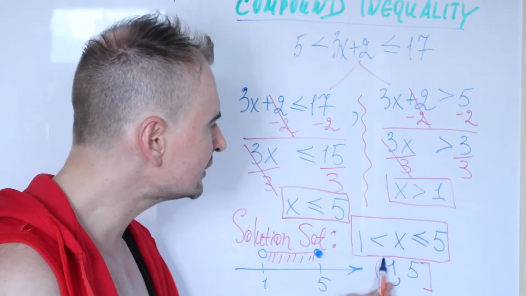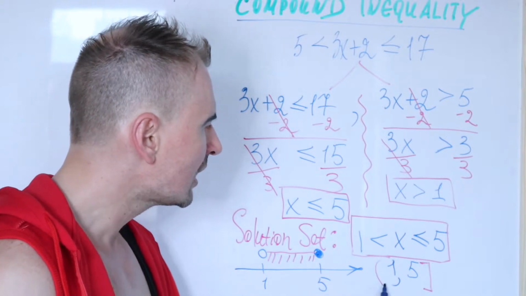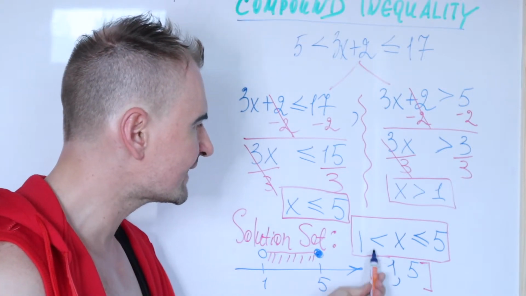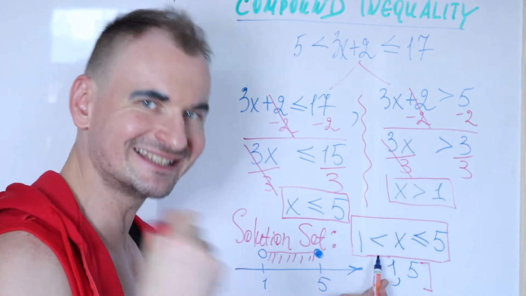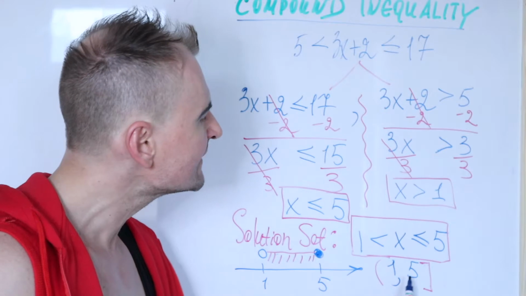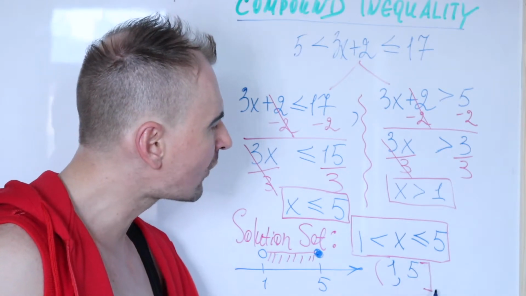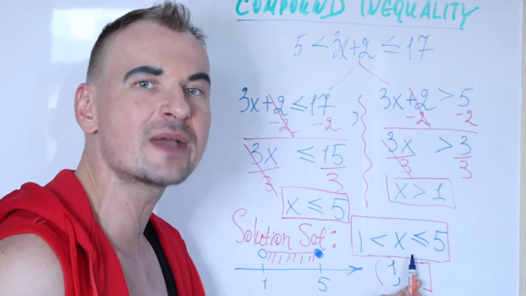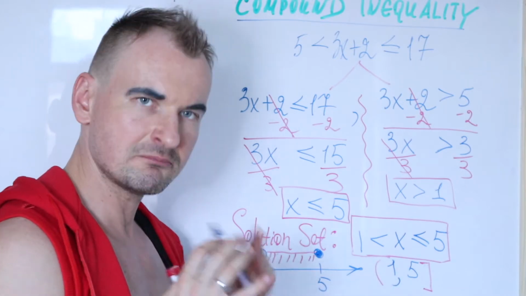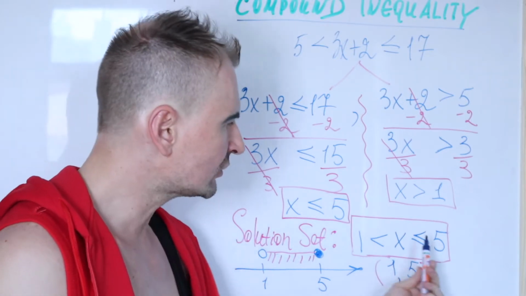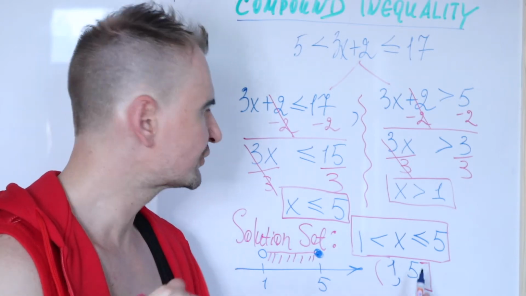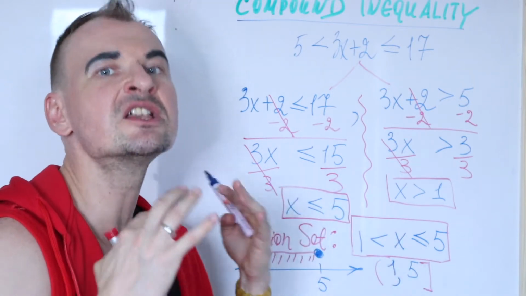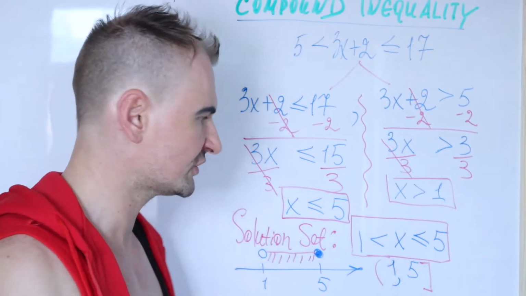So we usually draw a normal parenthesis to represent that a number is excluded. It's not in the solution set. It does not belong to the solution set. And we normally draw the square bracket, which implies that the number belongs to the solution set.